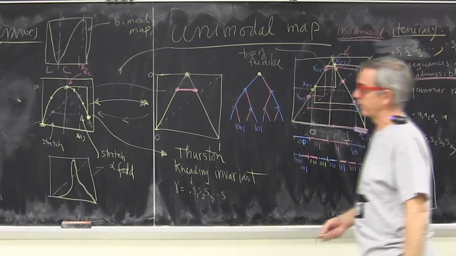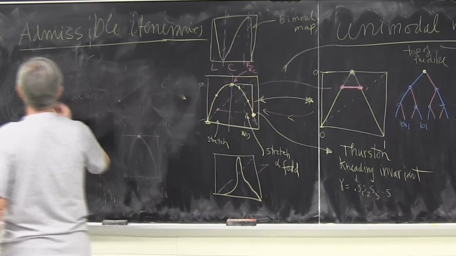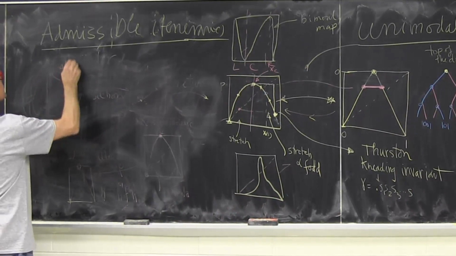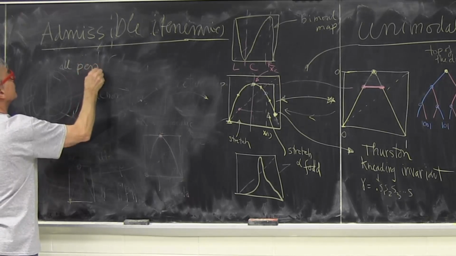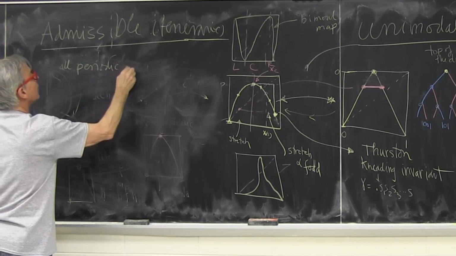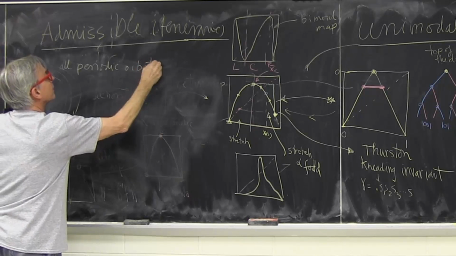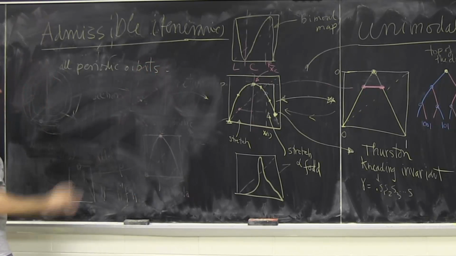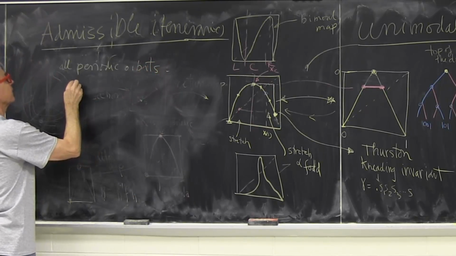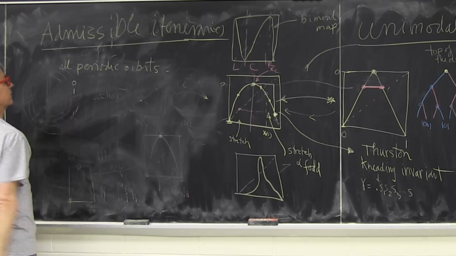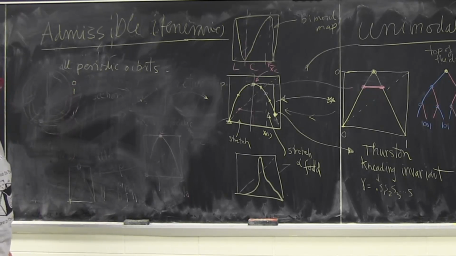So if we do it for all periodic orbits, in this case, I can just list them. There is a fixed point. There is a fixed point there on the right.